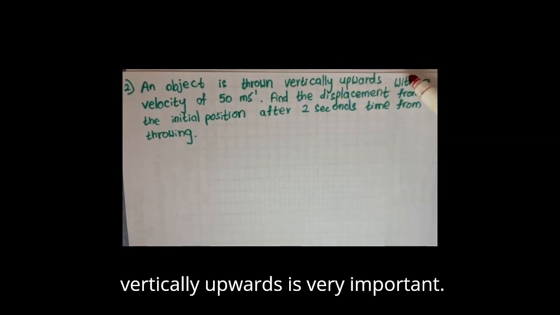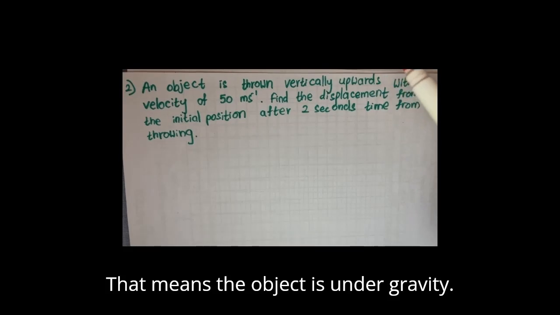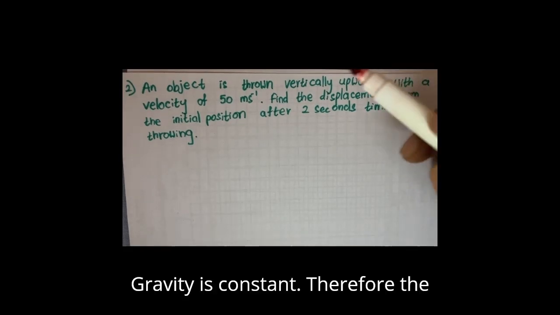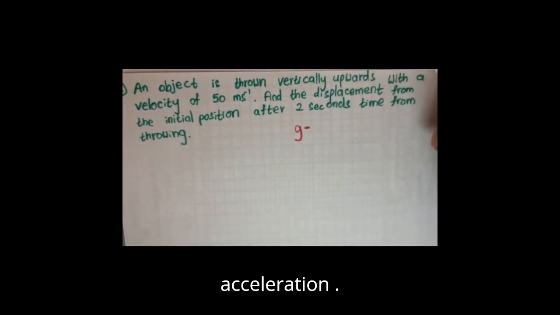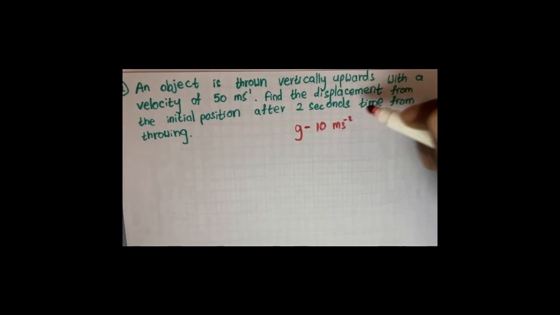An object is thrown vertically upwards, which is very important. That means the object is under gravity. Gravity is constant. Therefore, the object is moving under constant acceleration or deceleration. Therefore, we can use our four equations here. Let's take g as 10 ms minus 2.